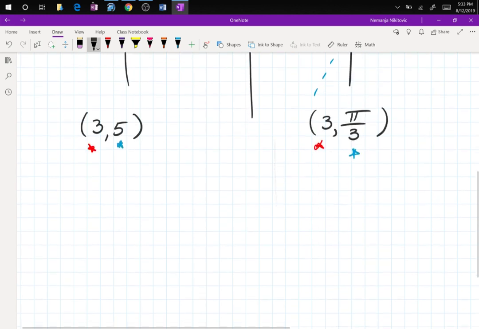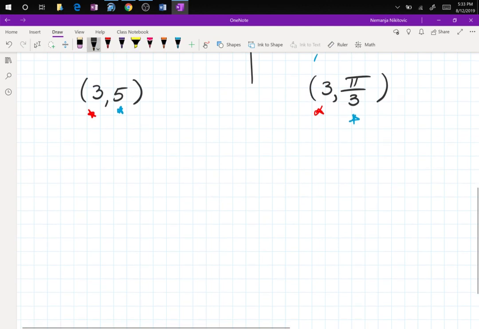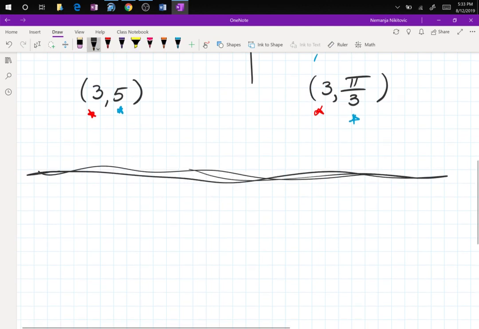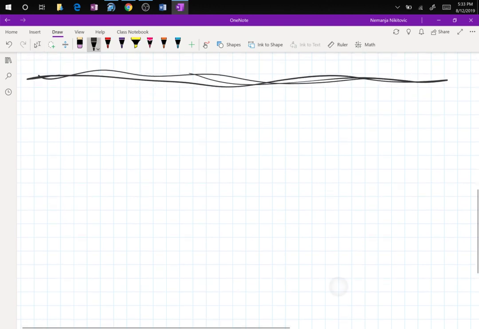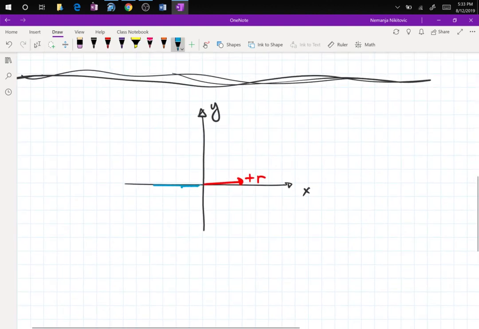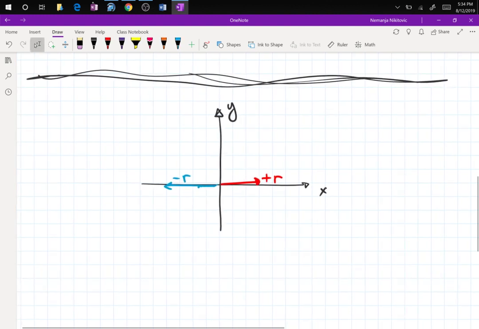Now, I'm going to draw a diagram here which will have a lot of information. Try to decipher this first and then draw. Pay attention to me drawing these things. This way, the positive r. This way, the negative r. So if you have a positive r, you draw along the positive x-axis.